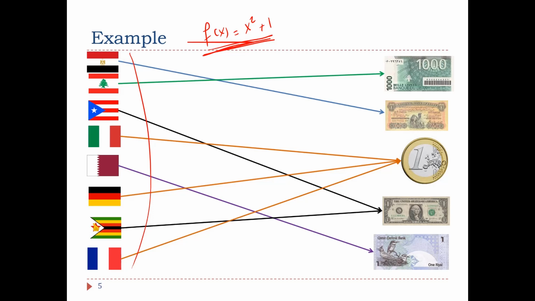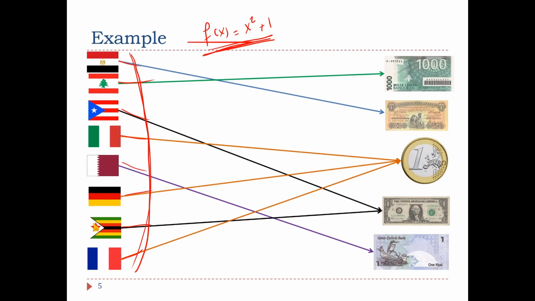But we can also have discrete sets, such as here the set of countries and the set of currencies, and the relation between them that actually is a function, because if we look at this side, we have exactly one outgoing arrow from each element in this set to the left, going to a certain element in the right. We don't care where this is heading.